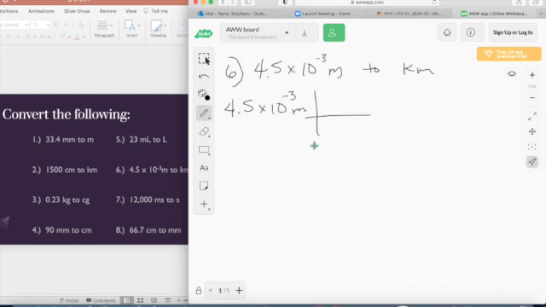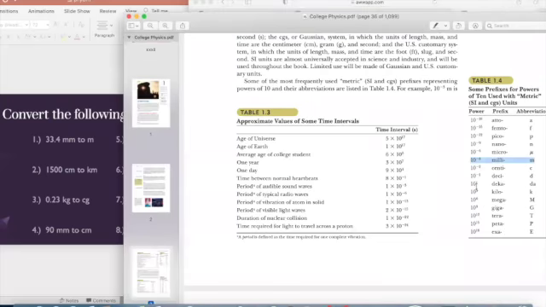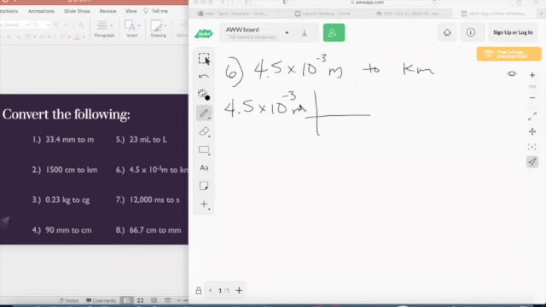All right, so if we go back to our table, we know that kilo is 10 to the third power. We're converting from meters to kilometers.